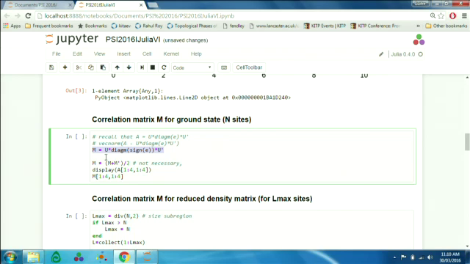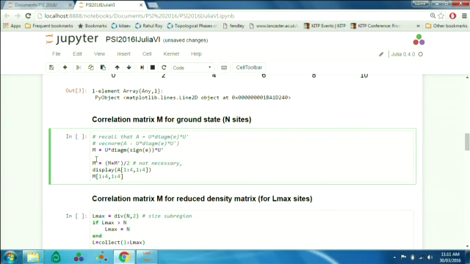We take the single particle energies, which is a vector. We only keep the sign, so we go from all these values to a vector of 1s and -1s, and we turn it into a matrix. Diag M just forms a diagonal matrix with that, and then we conjugate it by U and U dagger. Supposedly this is already the matrix M that we want to diagonalize. This is the correlation matrix that describes the ground state.